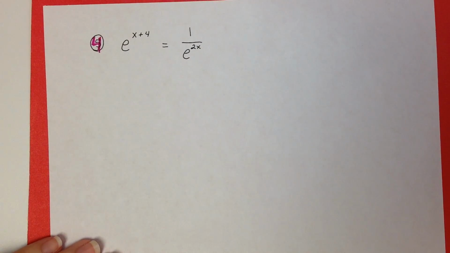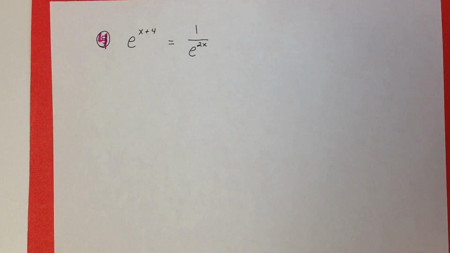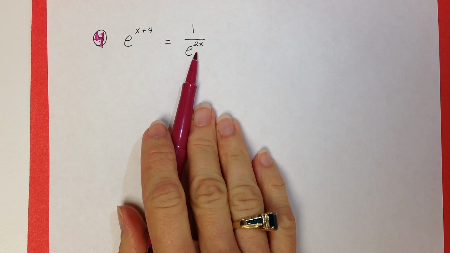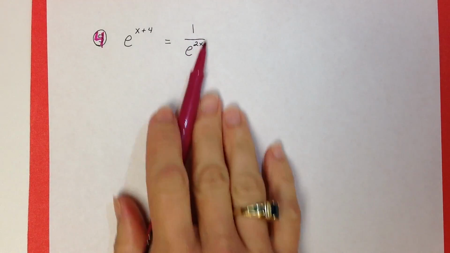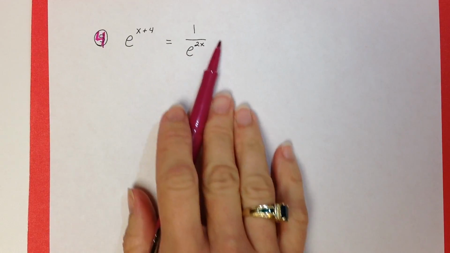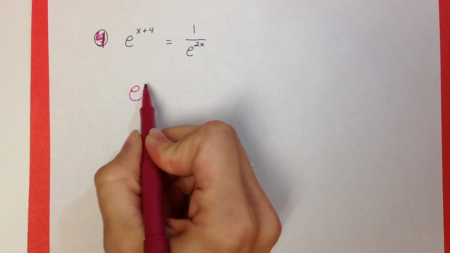Okay, next one we're going to look at. This will be number 4. Now my bases are actually going to be the same on this one. I just wanted to go through one with you that has an e. I do need to rewrite this side, but just like the previous problem, if you've got a fraction, you're going to need to bring it from your denominator to your numerator.